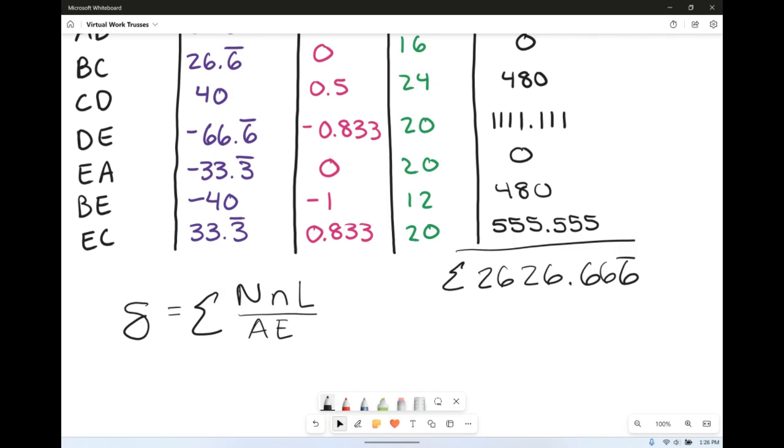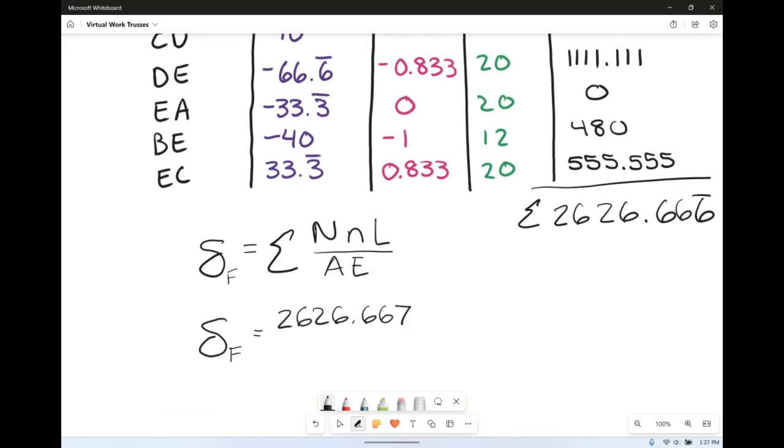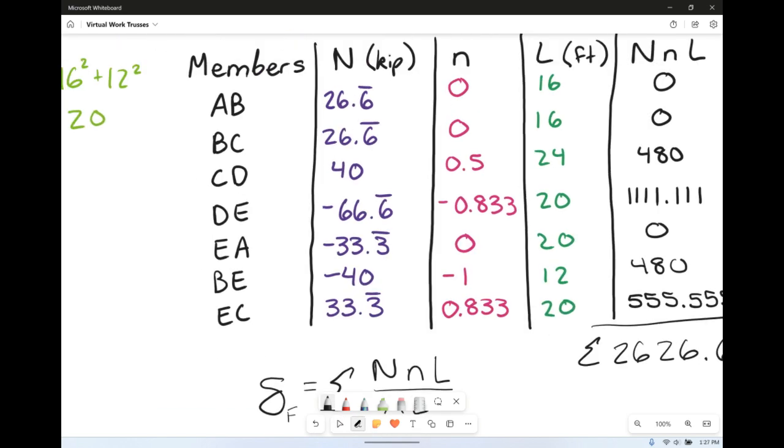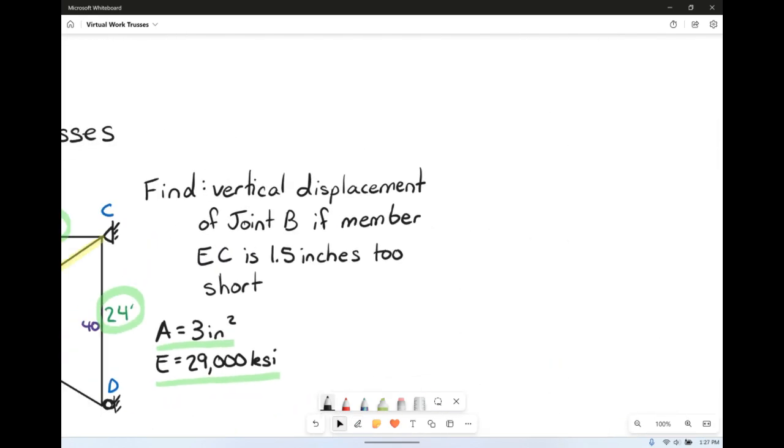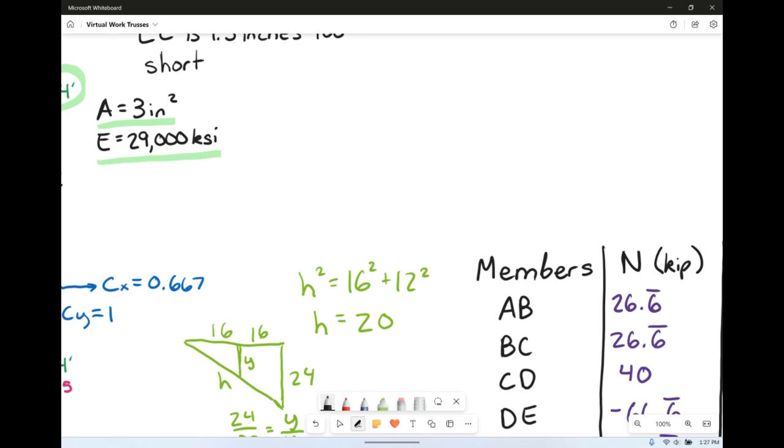Then, as we see in our equation here, due to force, we have that sum, 2626.66, we're just going to round up to 7, over A, which recall we need A and E. A is 3 inches squared, E is 29,000 KSI.